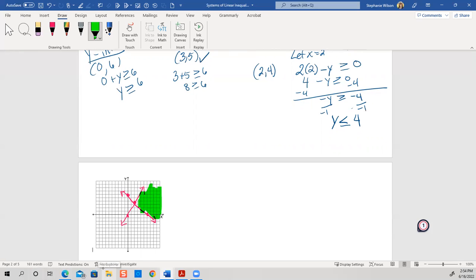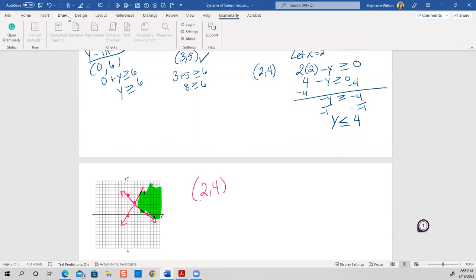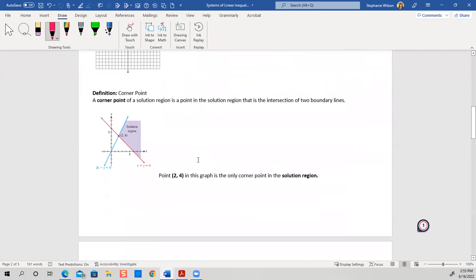If my line would have been a little straighter, we would have seen that they intersect at 2, 4. 2, 4 is called the corner point. It's the corner point in the solution region. And this is what it talks about right here.